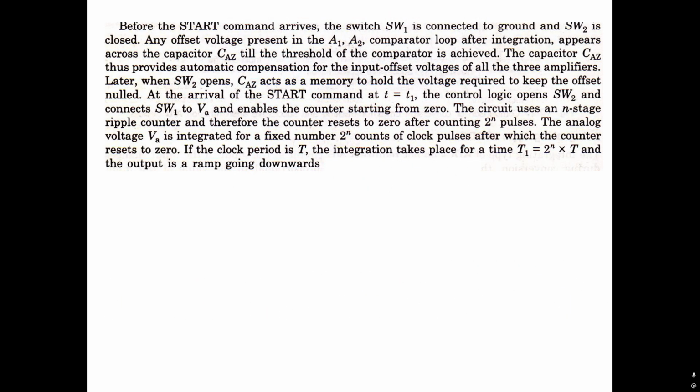Before the start command arrives, the switch SW1 is connected to ground and switch SW2 is closed. Any offset voltage present in the A1, A2 comparator loop after integration appears across the capacitor CAZ until the threshold of the comparator is achieved.